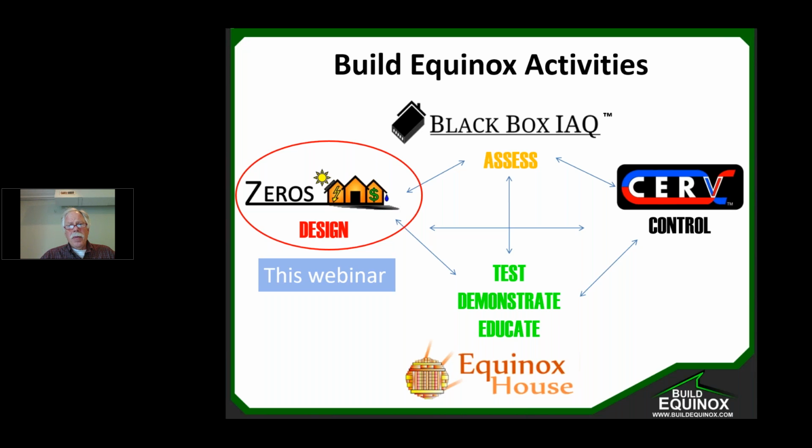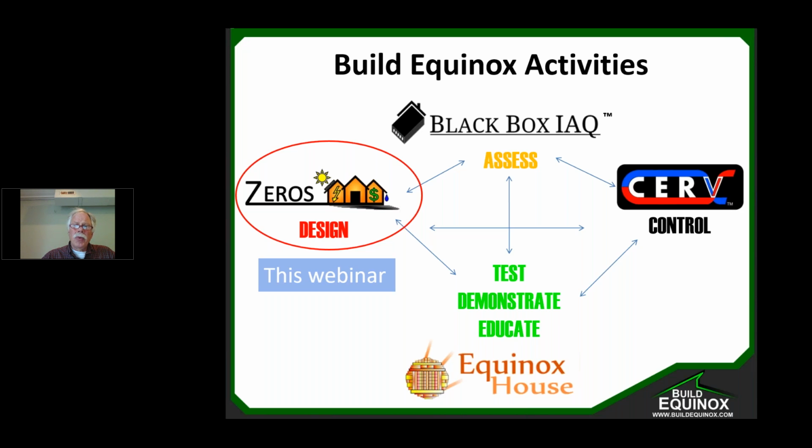But in addition to manufacturing the SERV smart ventilation system, we're involved in a full range of things, from assessing air quality in homes, which we do through something we call a black box, to development of zeros, which we use ourselves for the hundreds and hundreds of home projects we've been involved in now. So it is a tool that we use basically every day, and that I use on campus at the University of Illinois with some classes that I appear in, in engineering and architecture, periodically. And then testing, demonstrating, and education.